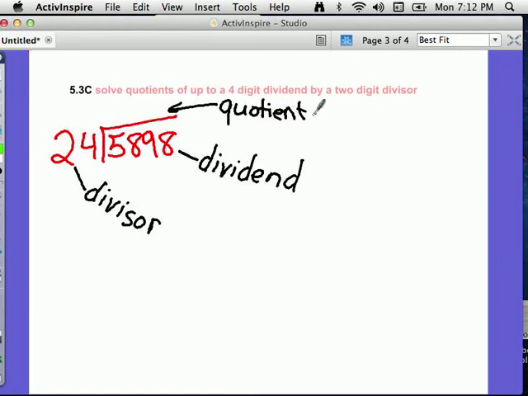All right, so now that we understand what a quotient, a dividend, and a divisor are, we're going to go ahead and demonstrate dividing a 4-digit dividend by a 2-digit divisor. So basically what I'm going to do is just rewrite this problem.